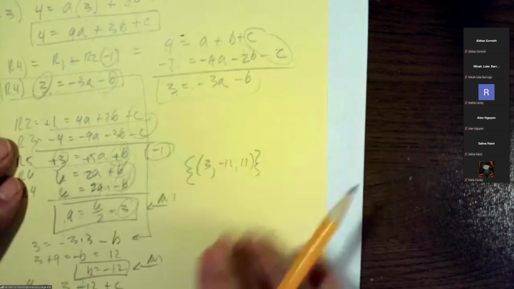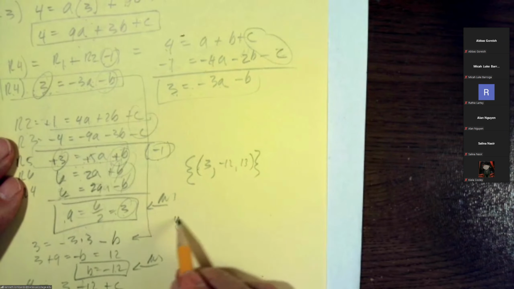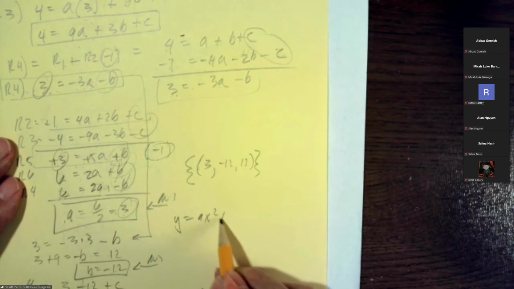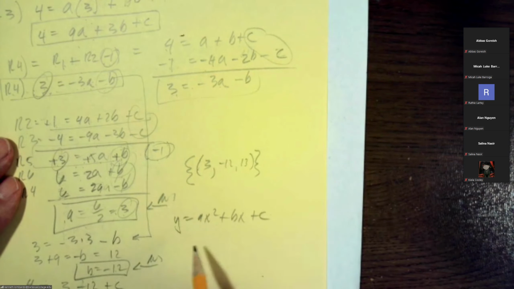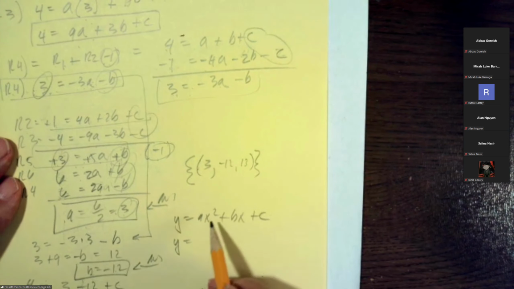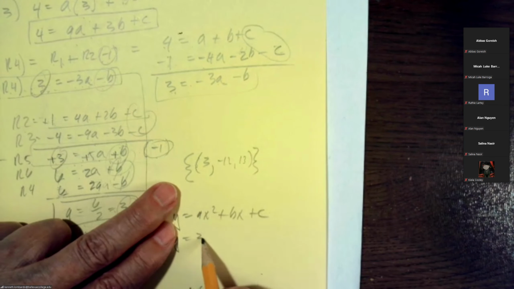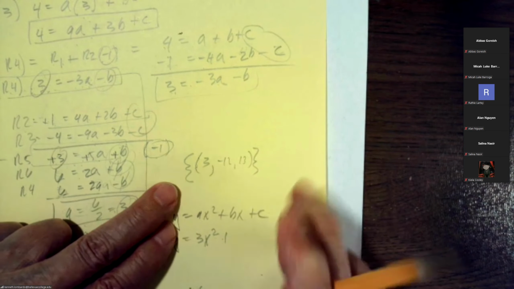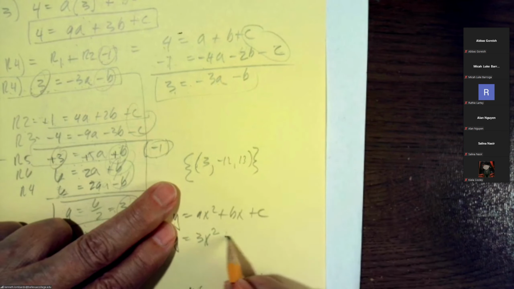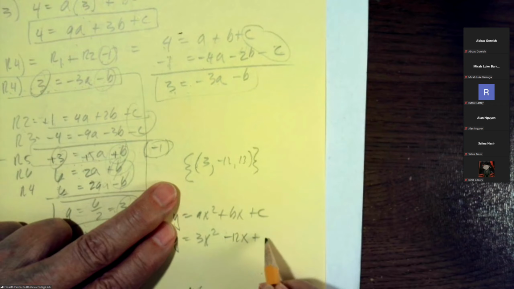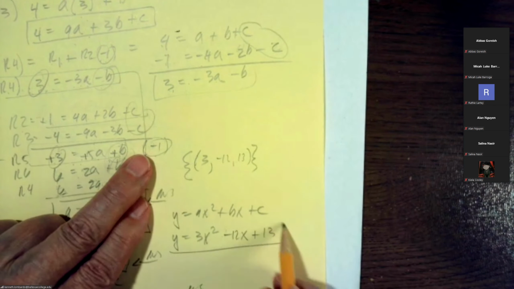And so what were we asked to do? We were asked to find y equals ax squared plus bx plus c. And now we have the values. A is 3, so 3x squared, and then plus b, and b is negative 12x plus c, which is 13.